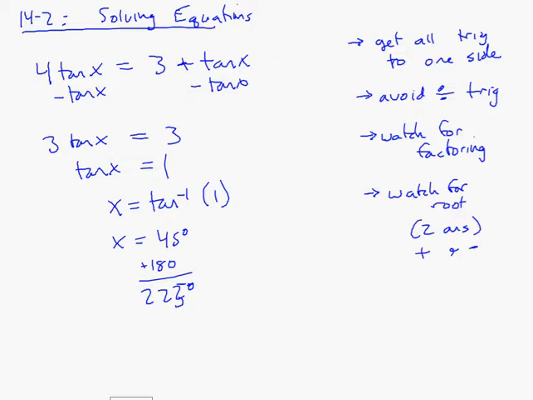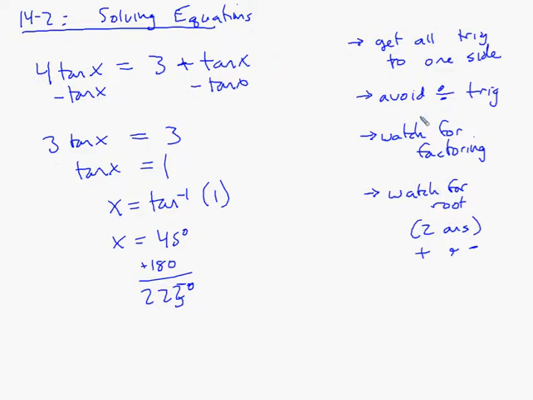Now, sometimes we have, and I'll do these examples because they're pretty easy, cosecant of an angle equals -1. My calculator is not built in with an inverse trig function for cosecant.